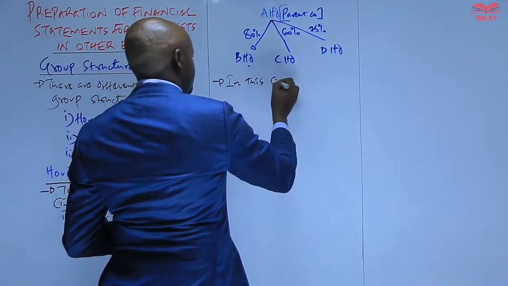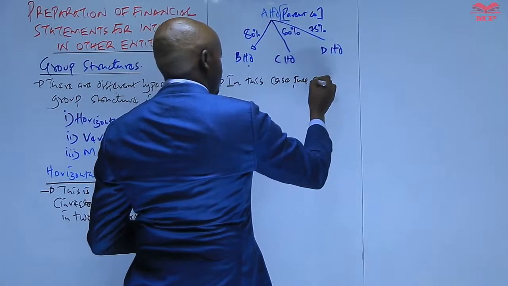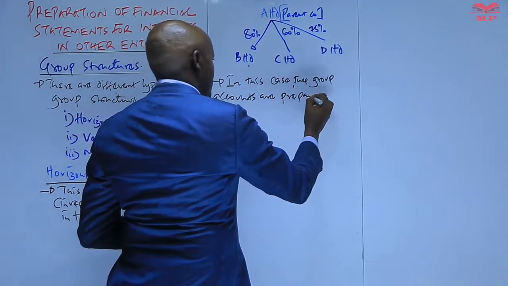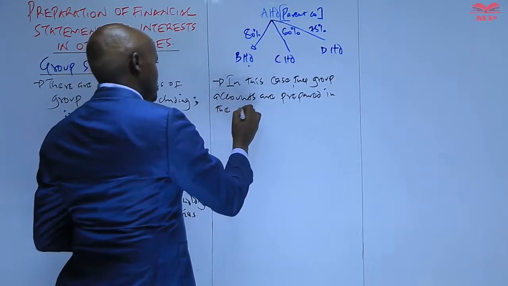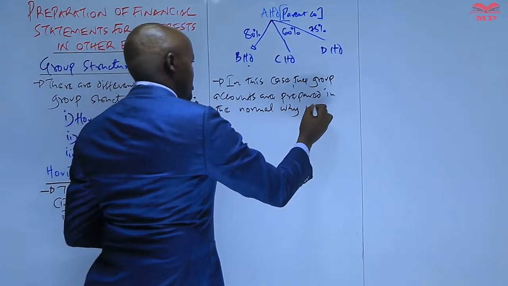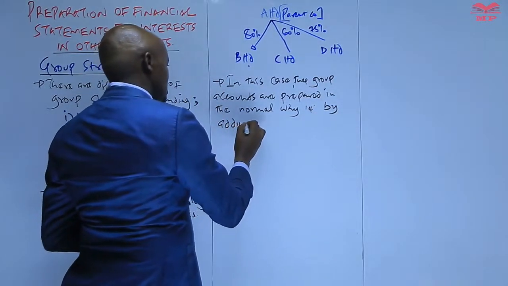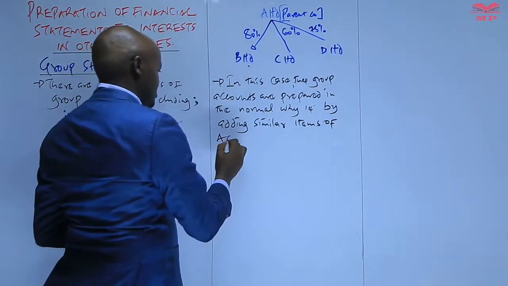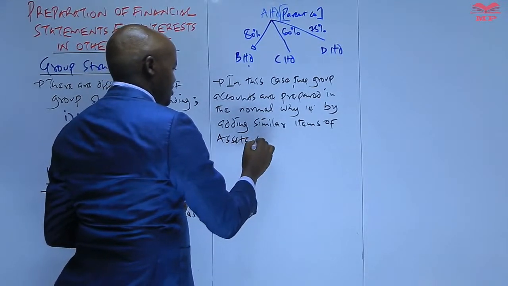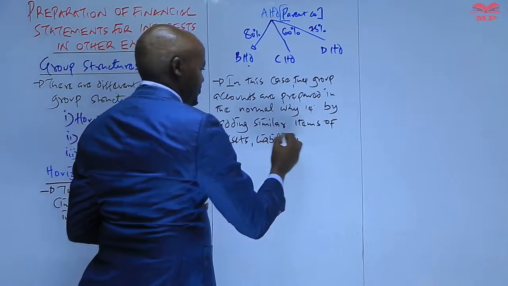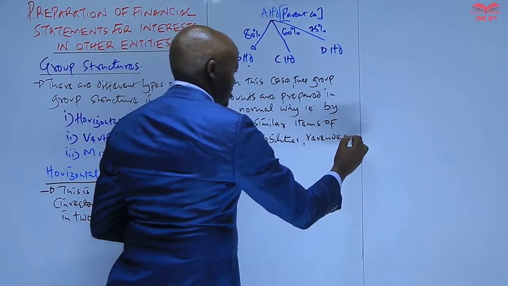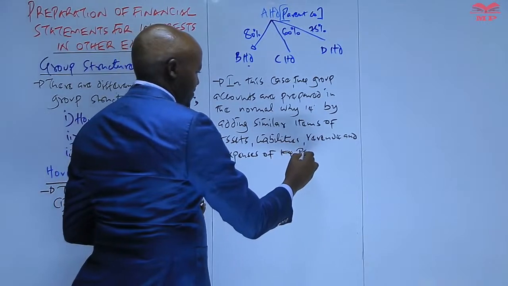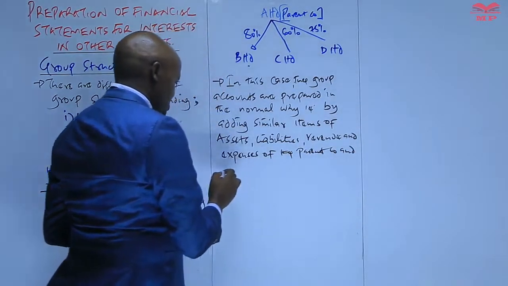So therefore, you can say in this case, the group accounts are prepared in the normal way, i.e. by adding similar items of assets, liabilities, revenue, and expenses of the parent company and its subsidiaries.